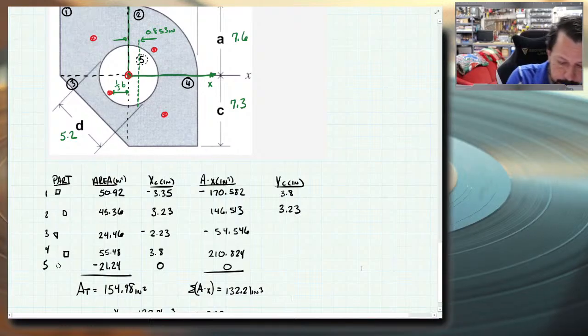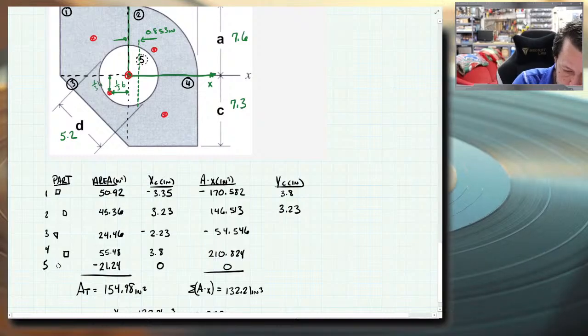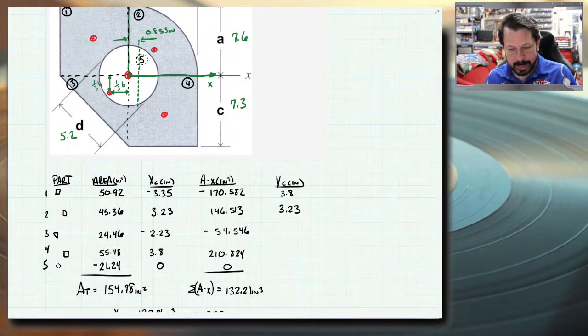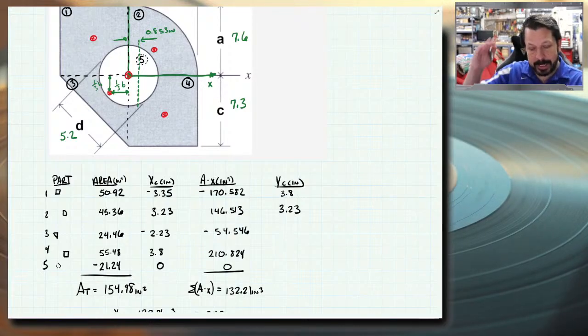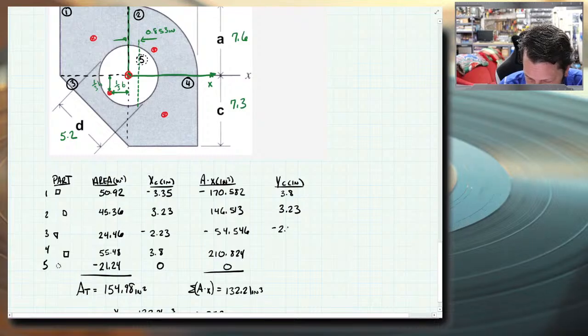So from us, we're measuring from the wide side of the triangle to the centroid, which is 1/3 of the height. So 1/3 of the height, 7.3 divided by 3, is 2.43, but we had to measure down from the x-axis, so this is a negative 2.43.